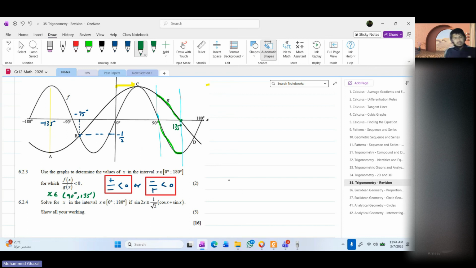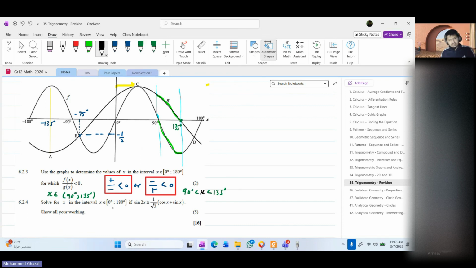You don't want zeros. Or you can write your answer like this. It's x, not theta. We wanted the intervals when one is above, one is below.